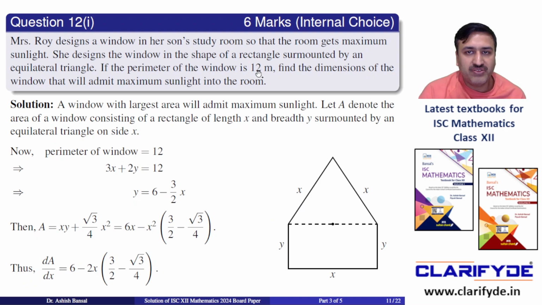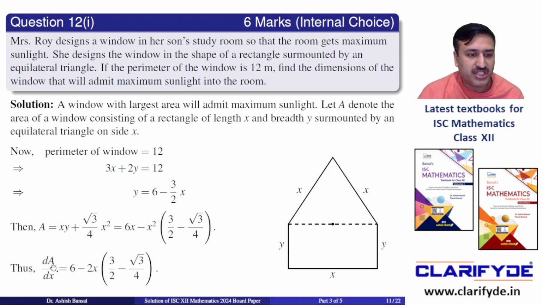The perimeter of the window is given to be 12. So from this figure we can easily find the perimeter as 3x plus 2y. This gives us an expression of y in terms of x. So the area of this window is the area of the rectangle plus the area of the triangle, which is xy plus root 3 by 4 x squared. We substitute this value of y over here and simplify to get this expression of A.